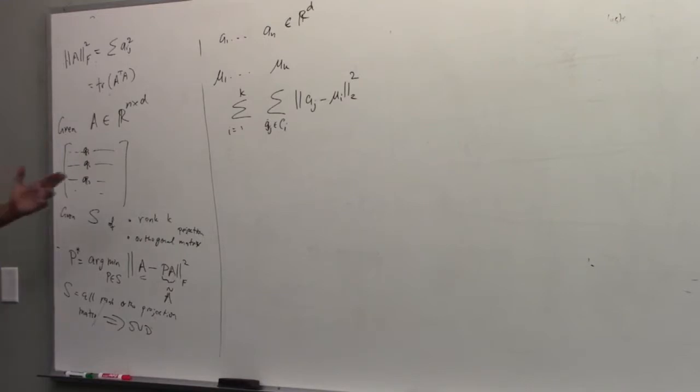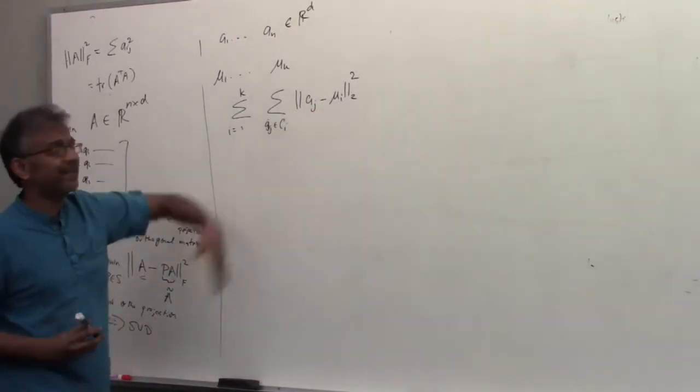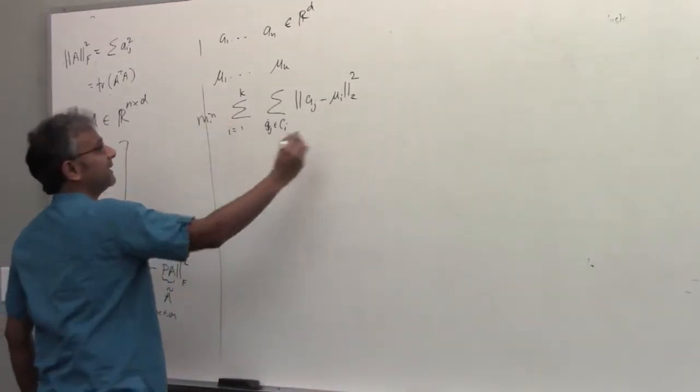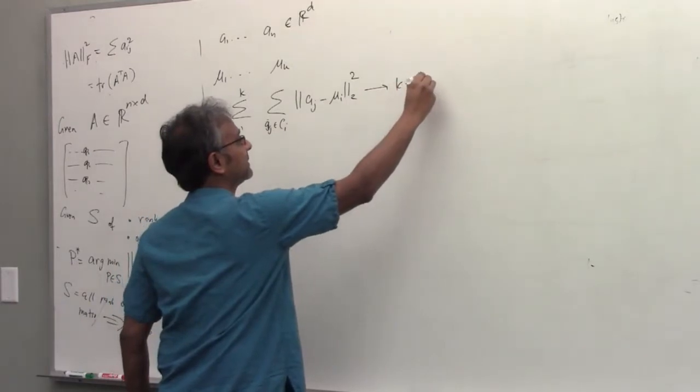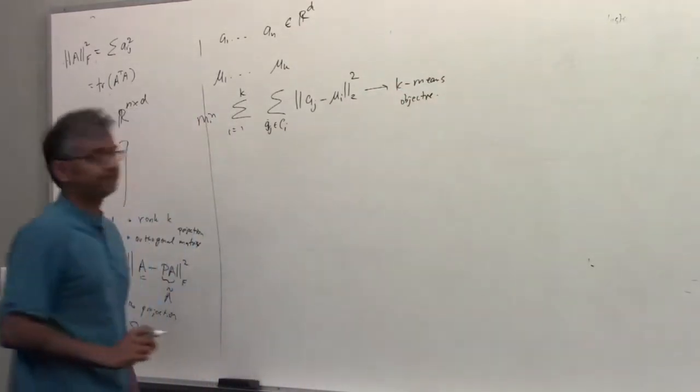So for every point that belongs to a cluster, measure the distance to its corresponding cluster center and add them all. I want to minimize this quantity. To minimize this is the k-means objective.